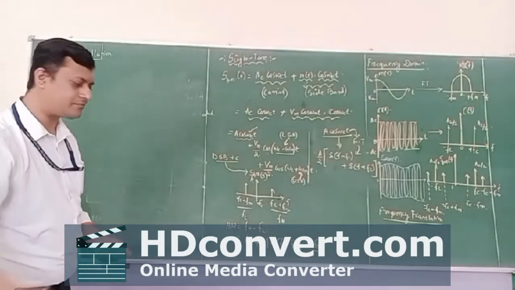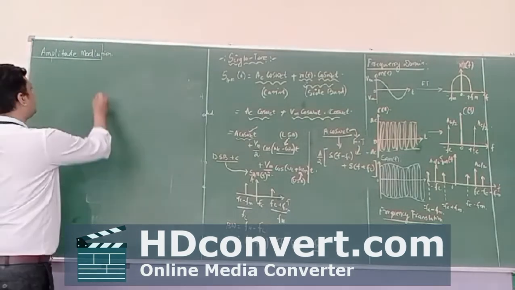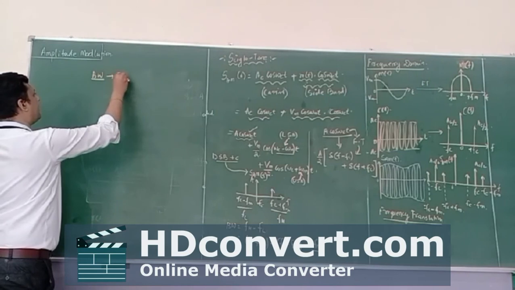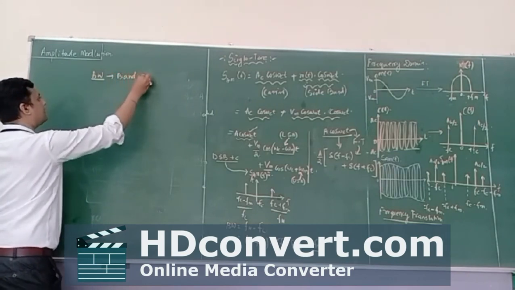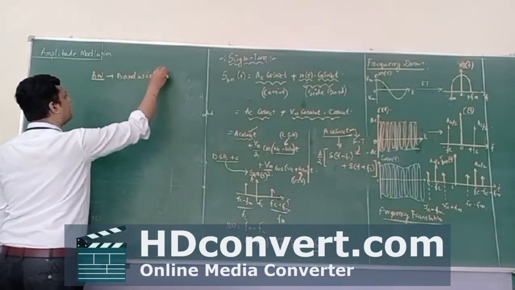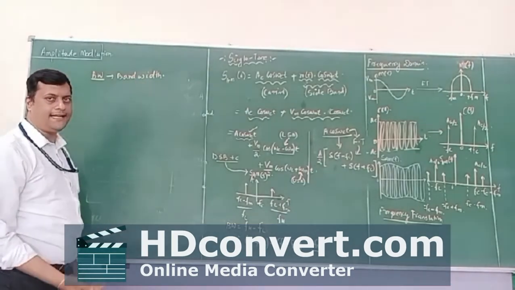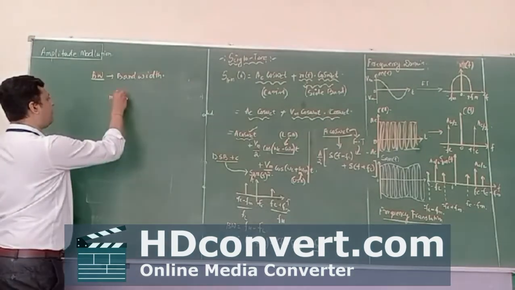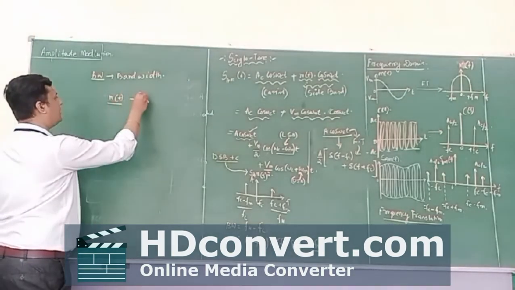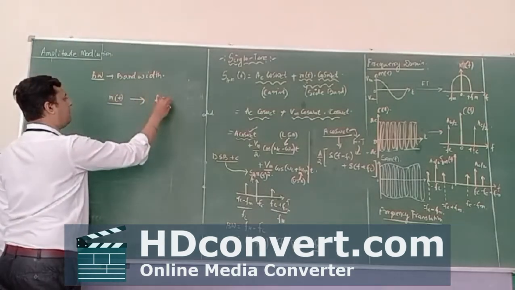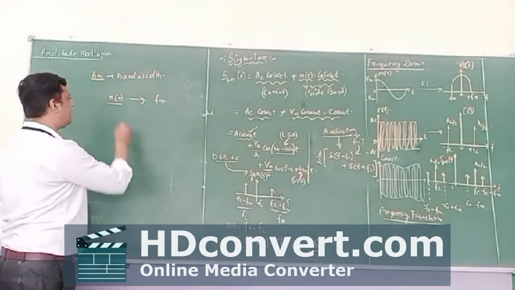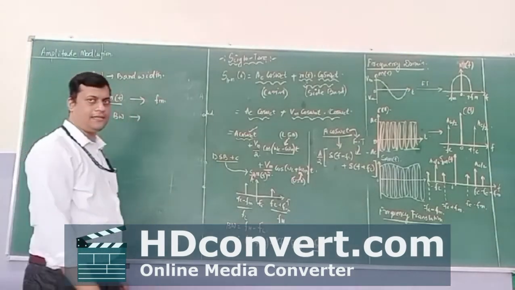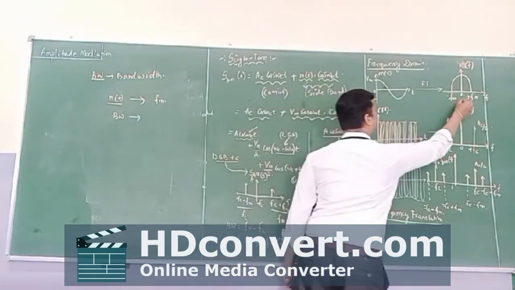Let's see. So first, the bandwidth, BW. How many signals are there? Modulating signal and modulated signal. The modulating signal is m of t, whose frequency component is fm. So if it is fm, the bandwidth here you have to consider from 0 to fm.